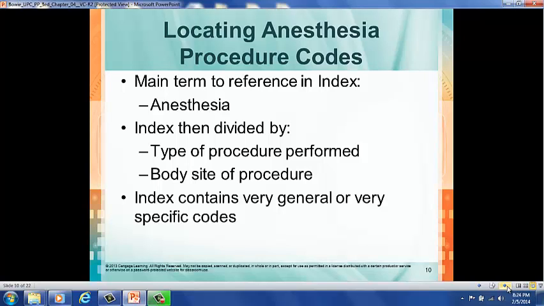Locating the CPT codes for anesthesia procedures is not as complicated as locating other procedure codes. The main term to reference in the index is anesthesia. The index is divided after that term by the type of procedure performed or the body site of the procedure.